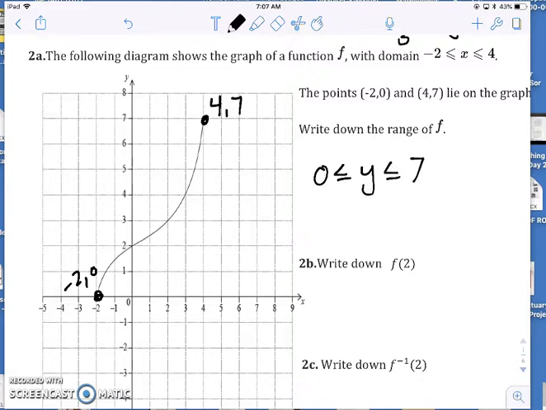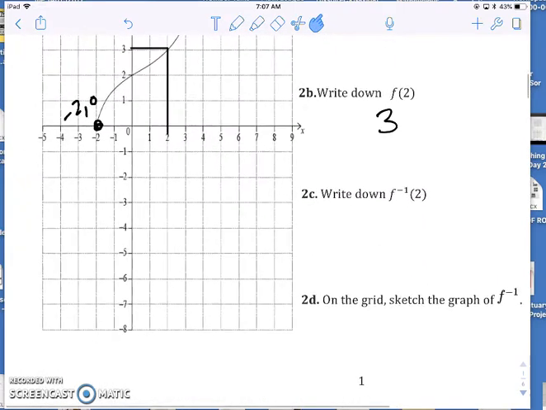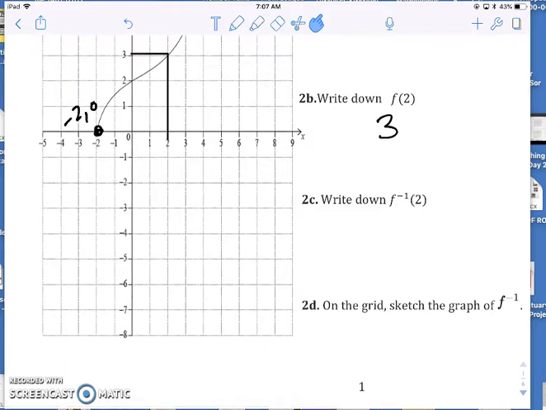Find f of 2. Well, when x is 2, y is 3. Write down the inverse of 2. So that means, here's our inverse function, that on our regular graph there's some x value where y is 2.